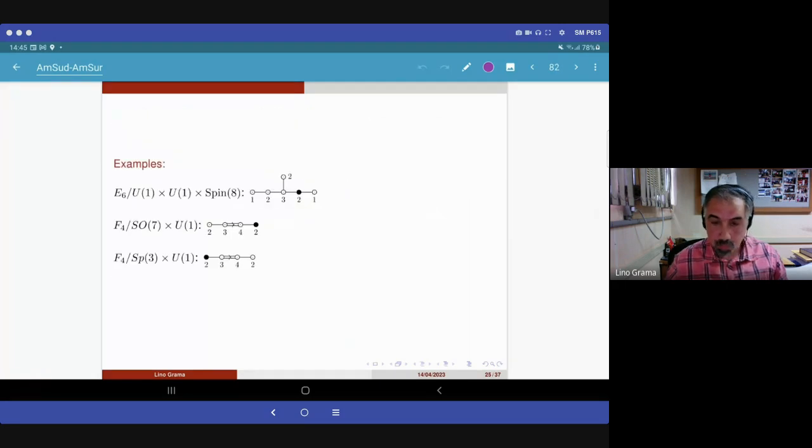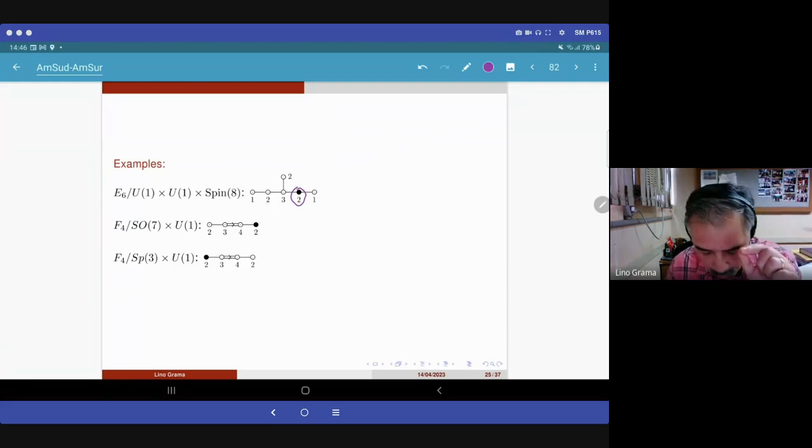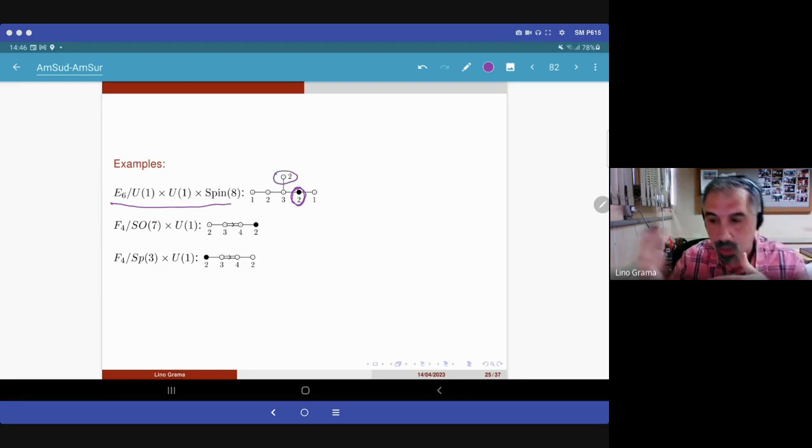Here are some examples. For instance, you have E6. If you choose this root, this number is the coefficient in the maximal root, the highest root, sorry. This root alpha is 1, 2, 3, 2, 2. If you take this alpha, we have this flag manifold. But if you take this one, it's another flag manifold.